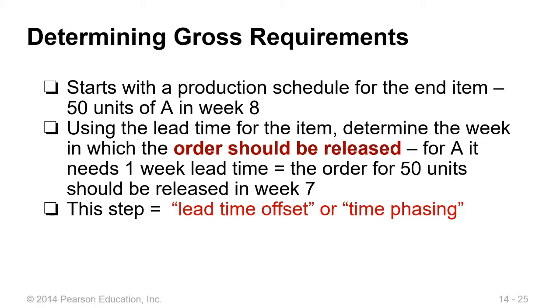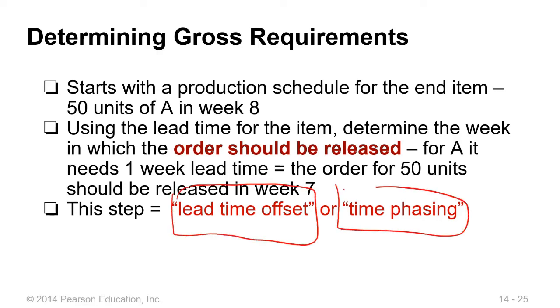But in terms of terminology, this is called lead time offset or time phasing. We are phasing time, trying to determine when the order should be released. You understand the meaning of the order should be released? That means the starting of the lead time.